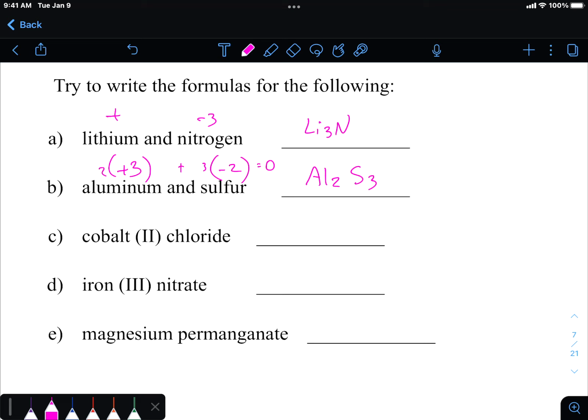If not, it's okay. Cobalt(II) chloride. Now, the charge for cobalt is being told to you. It's literally right here. The Roman numeral 2 tells you the charge on cobalt is 2. So you just have to look up chlorine. That's -1.